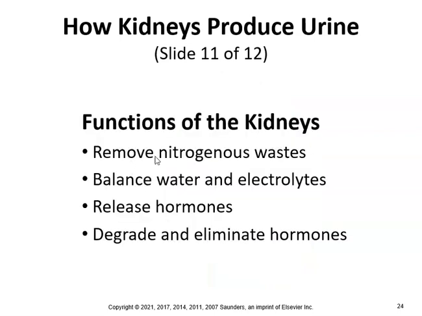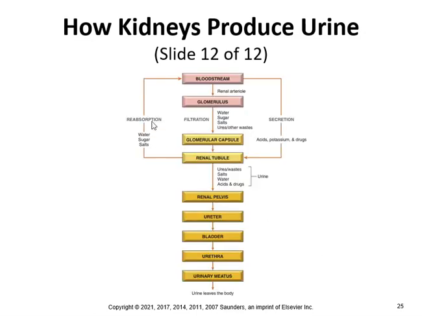Again, the functions of the kidneys are to remove nitrogenous waste, balance water and electrolytes, release hormones, and degrade and eliminate hormones. So here's the bloodstream, goes into the glomerulus. It filters the water, the sugar, the salts, the urea, into the glomerular capsule and the renal tubule.